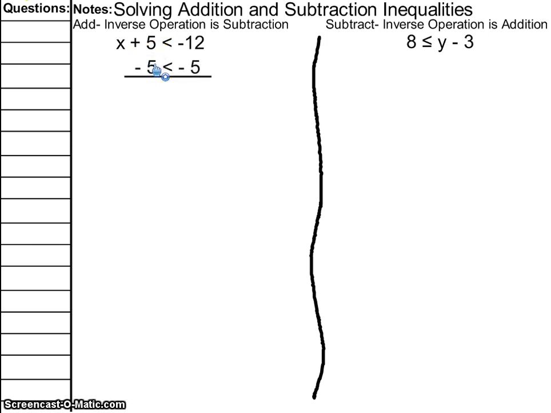We want to isolate our variable, and we're going to do the inverse operation of addition. Since x is being added to 5, we're going to do the inverse operation, which is subtraction. So we're going to subtract 5 from both sides of our inequality. And now we have x is less than -17.